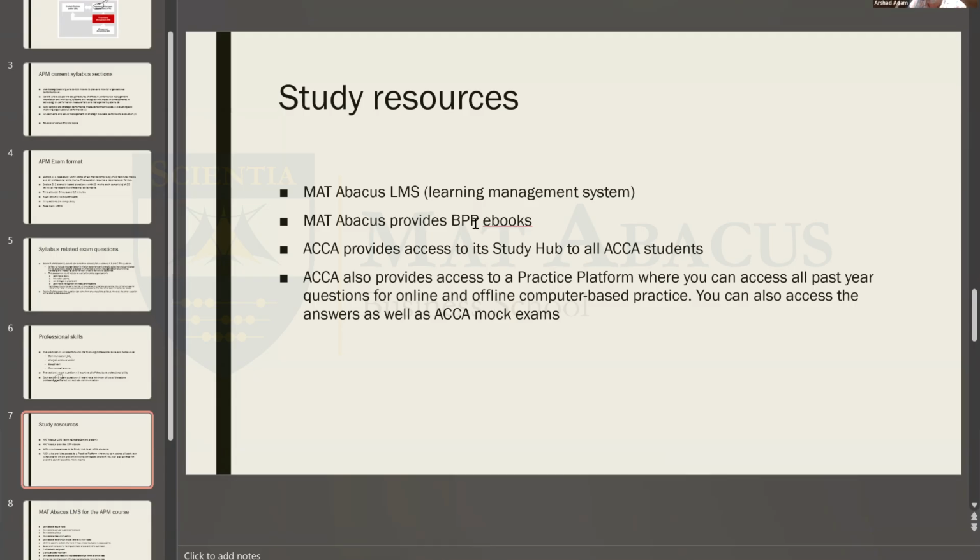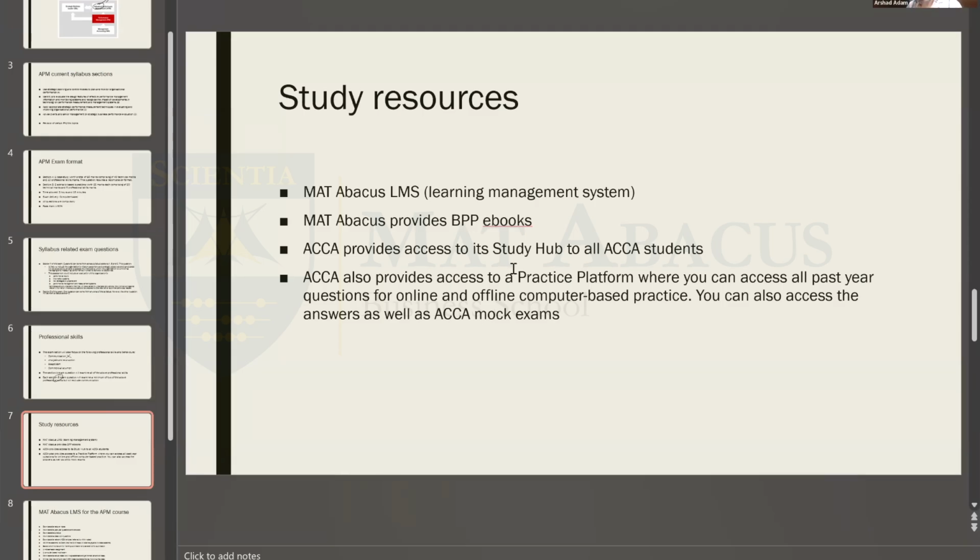The ebook is more of a reference book for us because I give you notes. I'm trying to help you manage your time by giving you my notes. If you have difficulty understanding a topic, you go to the ebook for additional reading. That should be enough because you won't have time to do more.